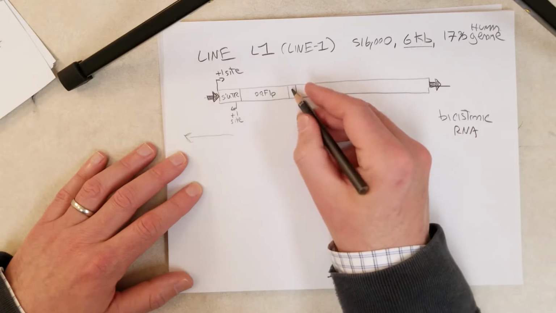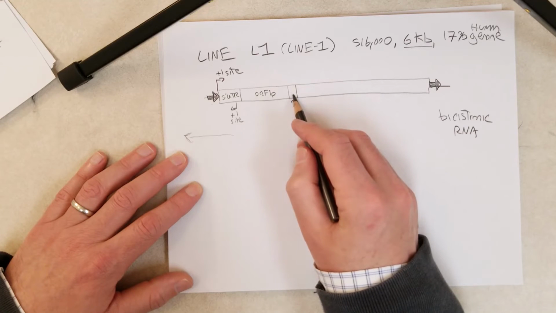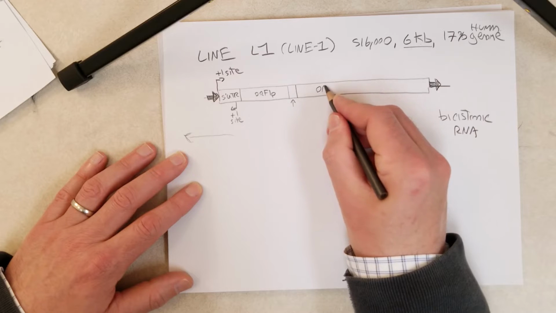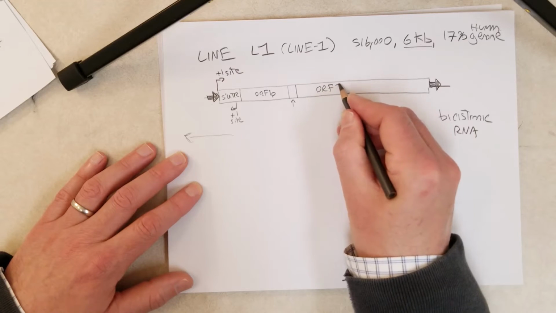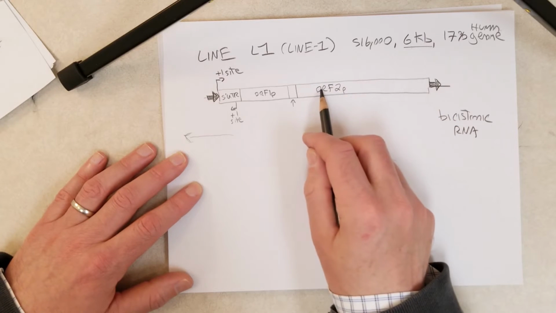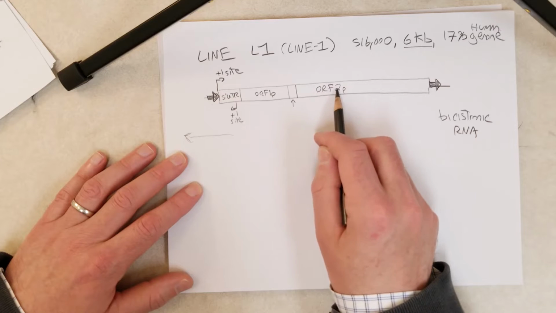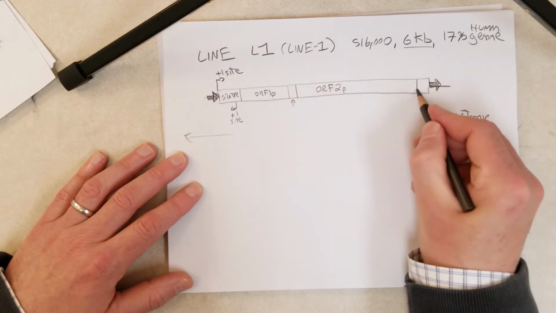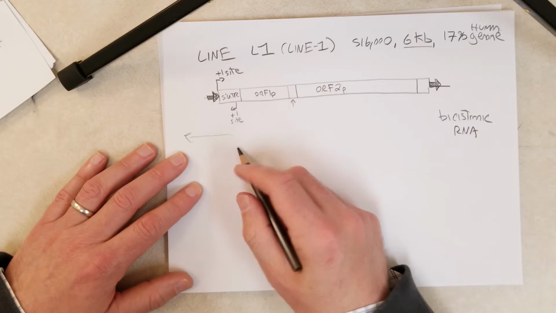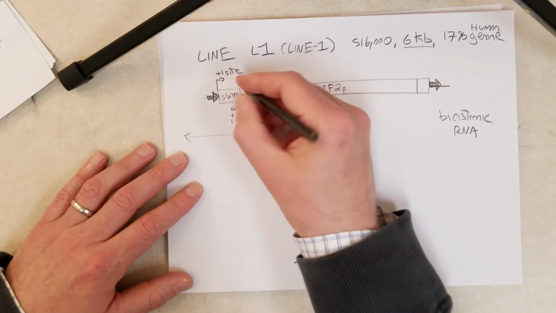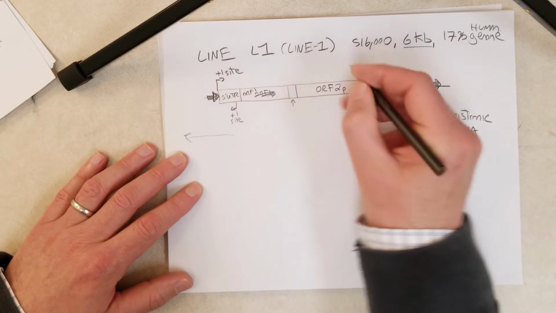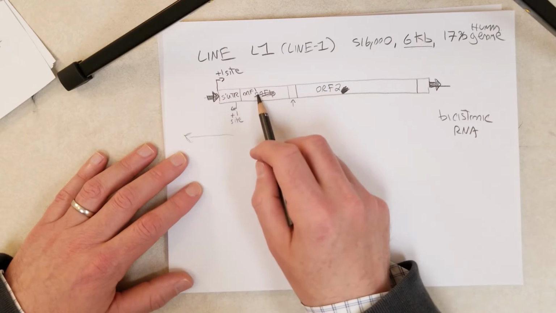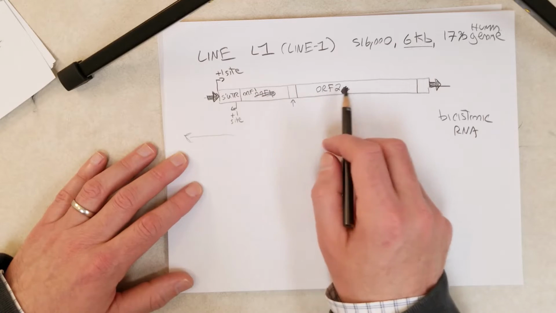Then we're going to have a spacer region. And then we're going to have another region that codes for a protein called ORF2P. So this is the protein this region codes for. And we can just call these regions ORF1 and ORF2. The proteins themselves are called ORF1P and ORF2P.